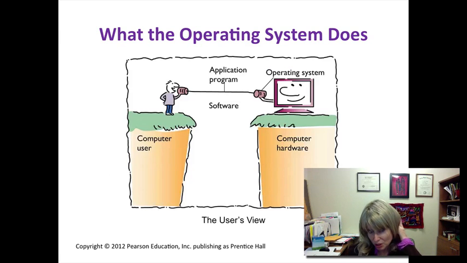So computer usage. Computer user, here I am. The application program wants to do something. The operating system is communicating with the hardware. So, for example, application program. TurboTax, let's use that. You're entering information.